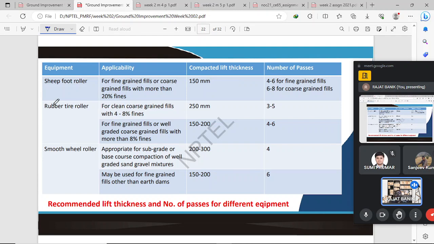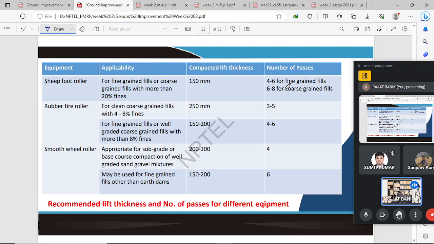The sheepsfoot roller is applicable for fine grain soils or coarse grain soils with more than 20% fines, and the lift thickness or improved ground is up to 0.15 meter or 150 mm, and it requires 4 to 6 passes for fine grain soil, 6 to 8 passes for coarse grain soil.